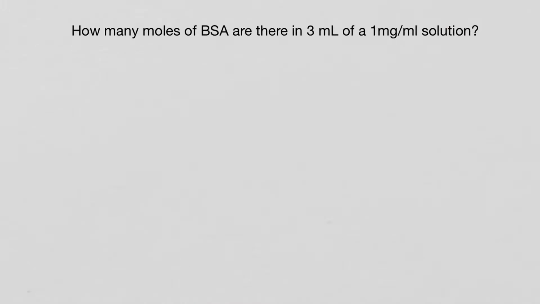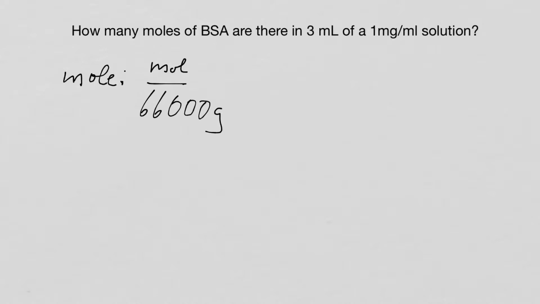How many moles of BSA are there in 3 milliliter of a 1 milligram per milliliter solution? Again, what are we looking for? We look for moles. We had the moles in the relative molecular mass, so that is mole divided by 66,000 gram. So the mole is in the right place, that's good. We need to get rid of the grams.